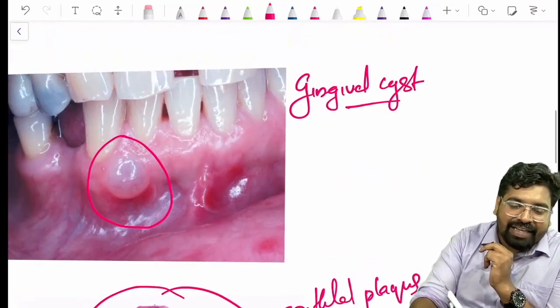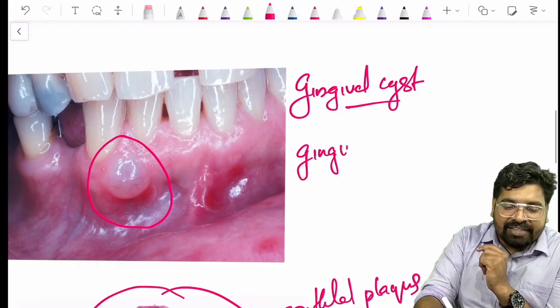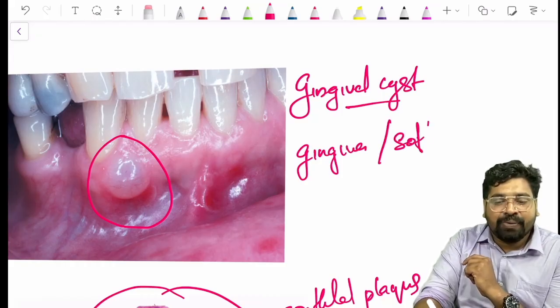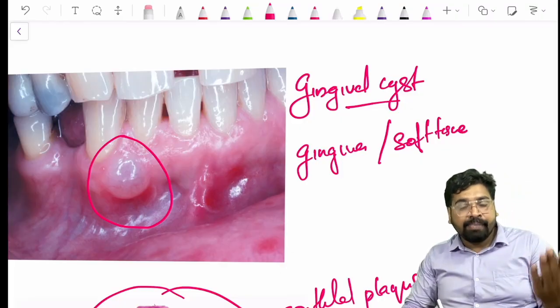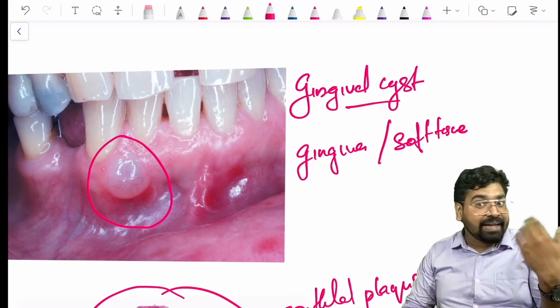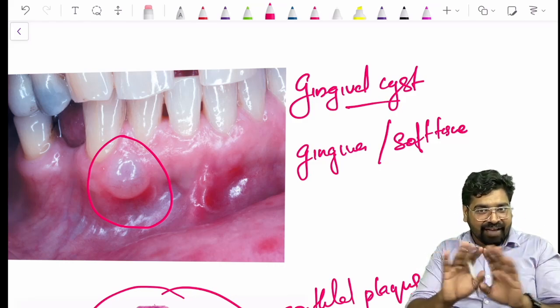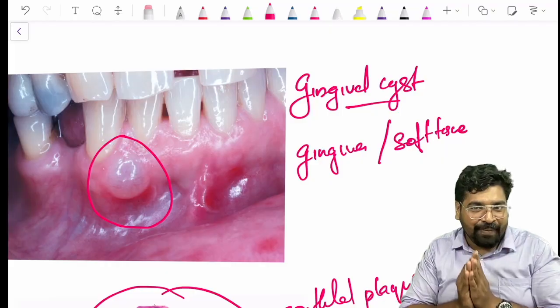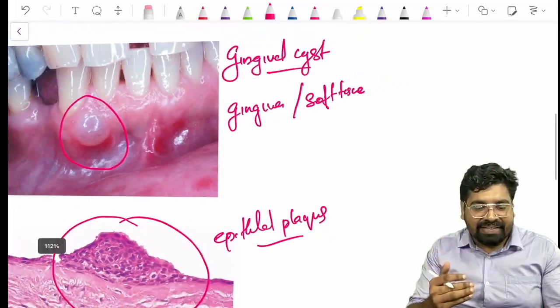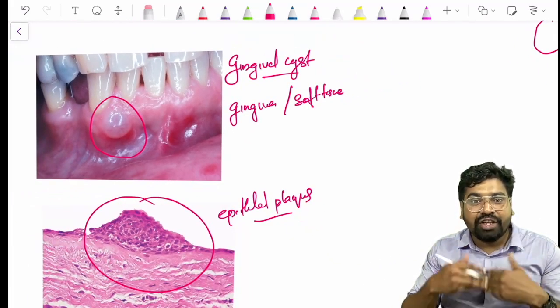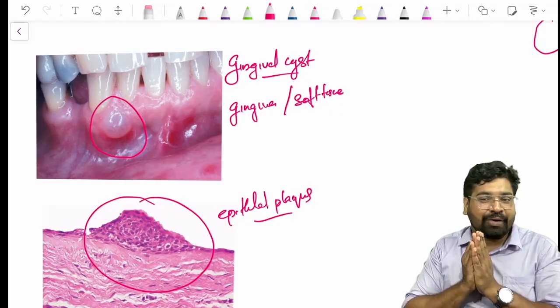Gingival cyst comes in the gingiva or in the soft tissue. Lateral periodontal cyst comes in the bone, that's why there is a radiograph. Gingival cyst doesn't have any radiograph because it is coming in the soft tissue. So we can say that gingival cyst is actually a soft tissue counterpart of lateral periodontal cyst.